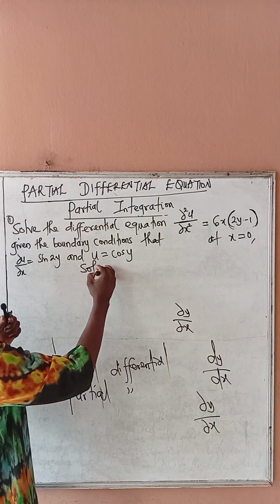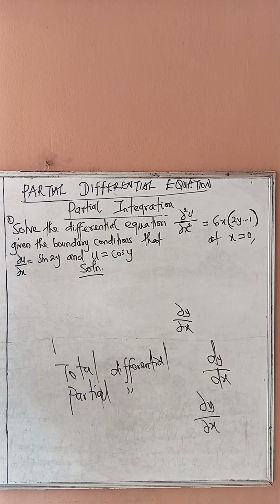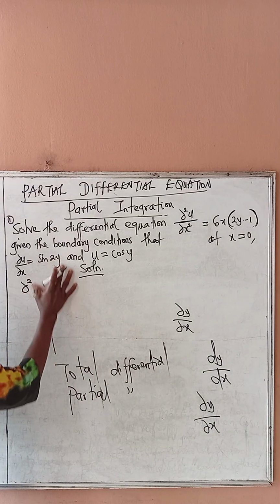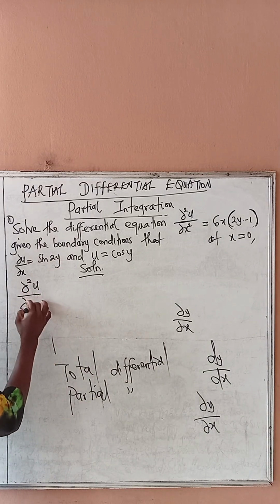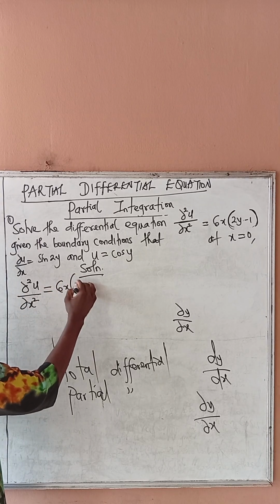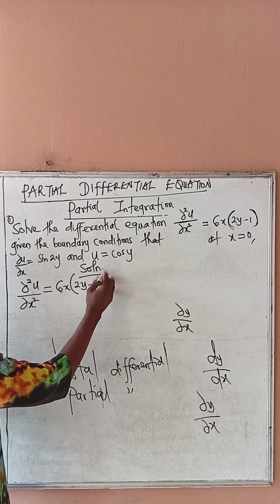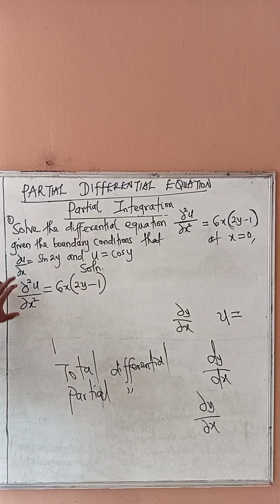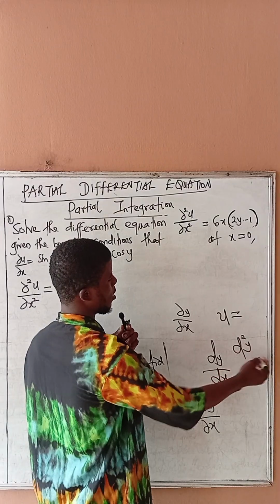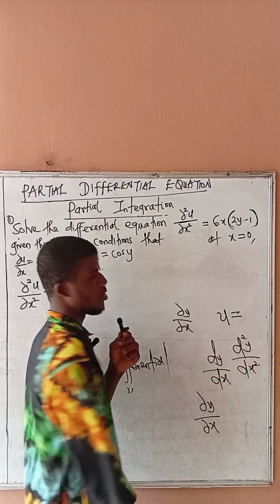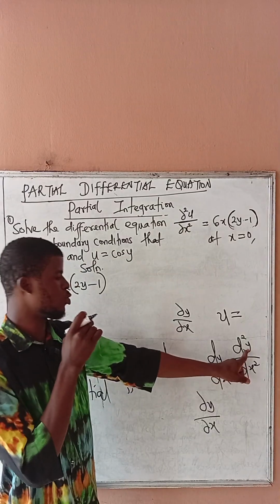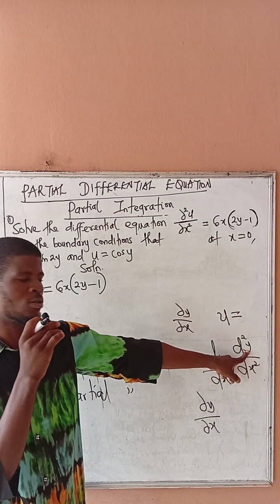Now, this is how we solve. The equation is the second partial derivative of u with respect to x is equal to 6x into 2y minus 1. Now, if I have d squared y dx squared, this means that I differentiated y two times with respect to x.